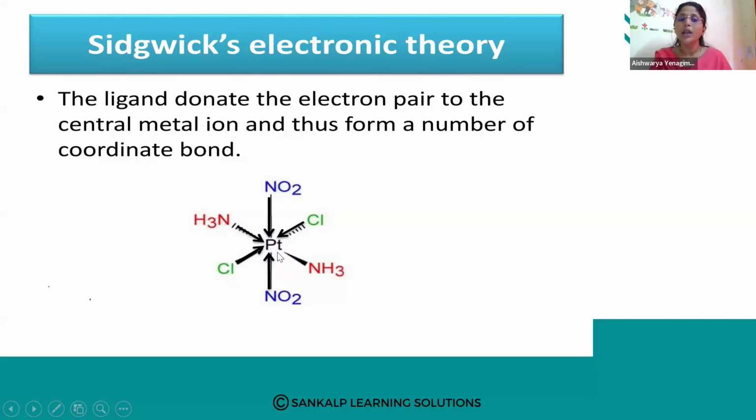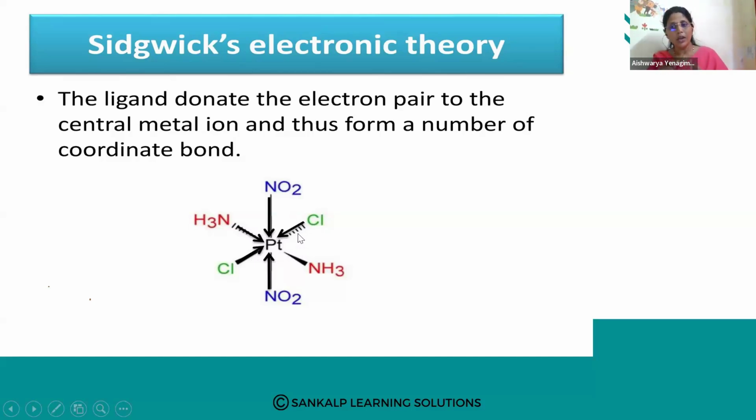The central metal atom is my Lewis acid, electron pair acceptor. And these ligands are Lewis bases, electron pair donors. So each ligand is going to donate an electron pair to the central metal ion, and thus through what? Through a coordinate bond.